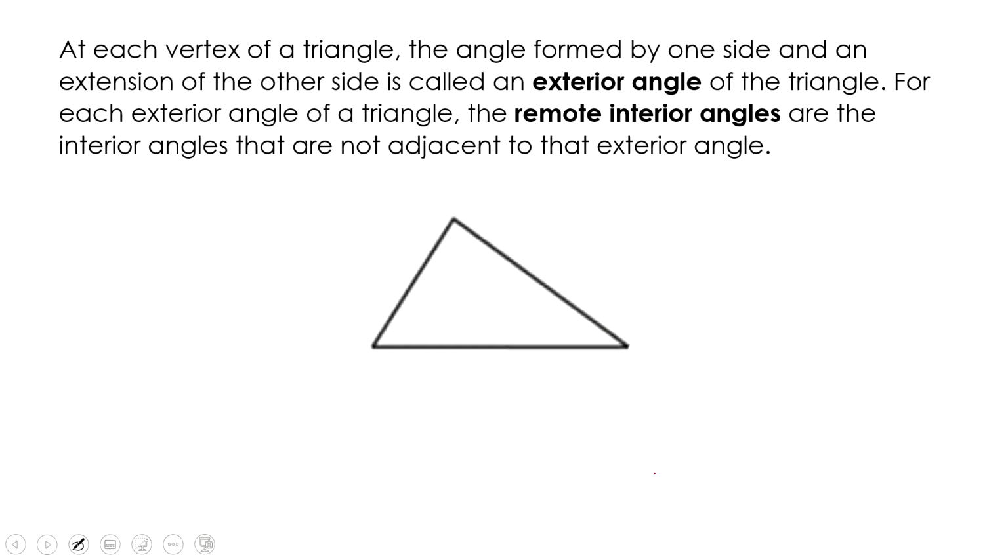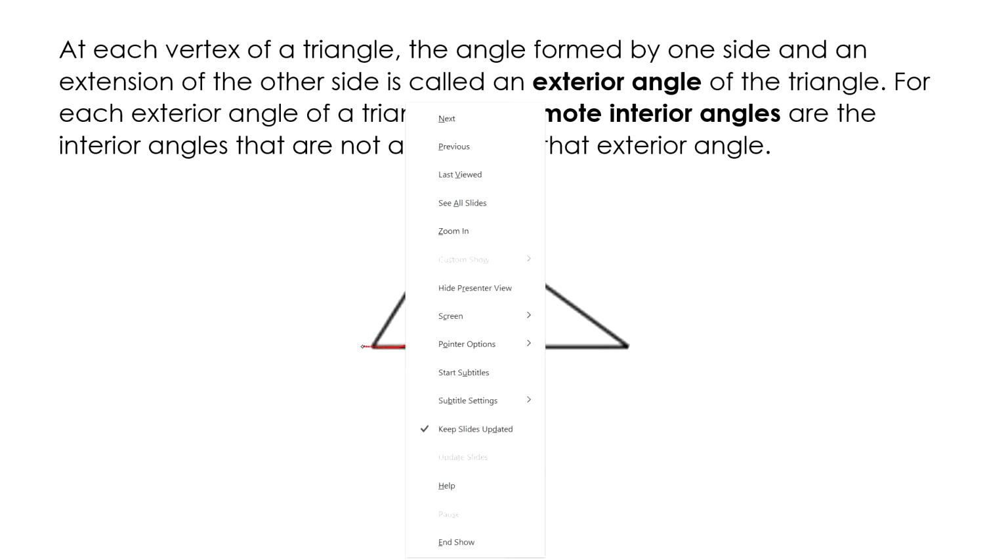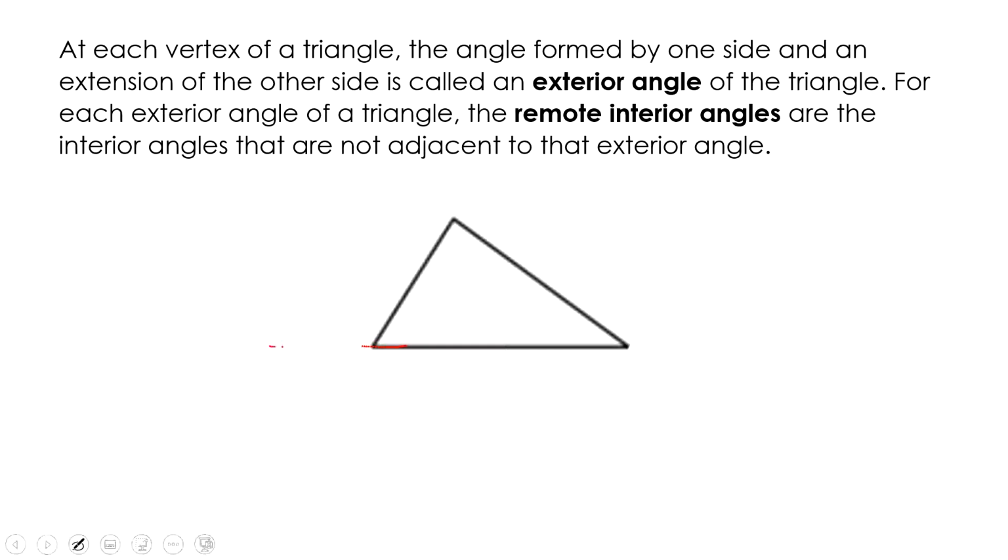From there, at the vertex of each triangle, there's an angle formed by one side and what they're calling an extension of the other side. So what they're doing is extending this line out. If I extend this line out, they're calling this angle here the exterior angle.